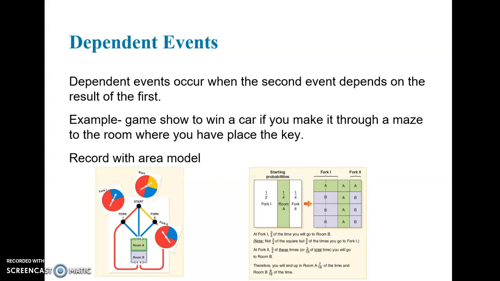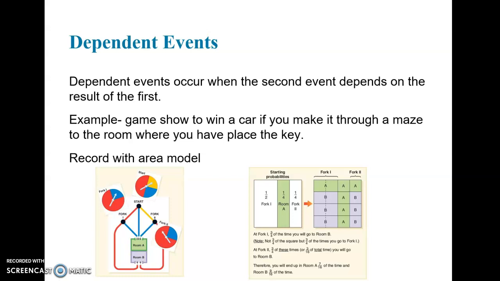Activity 2116, keys to a new car. Use the keys to a new car activity page or pose the following problem. In the game show, you can win a car. If you make it through the maze to the room where you have placed the car keys, you can find the keys in either room A or B. At the start and each fork in the path, you must spin the indicated spinner and follow the path that it points to.